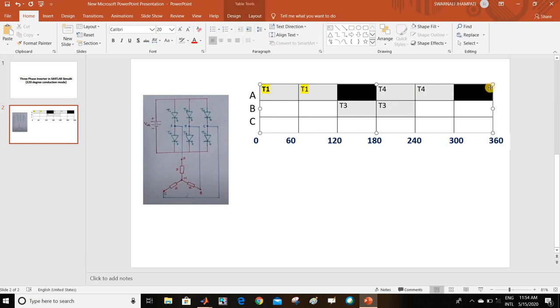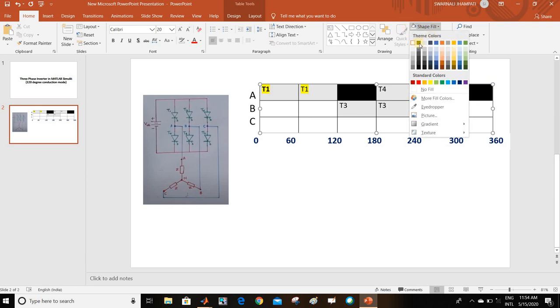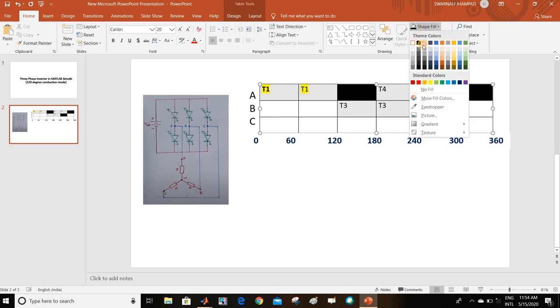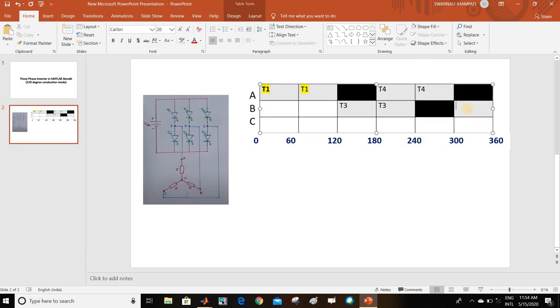Next, for the next 60 degrees there is no activity. Then for the next 120 degrees T6 will conduct, and again T6 will conduct here. 60 degrees plus 60 degrees is 120 degrees. Then again for this 60 degree span there will be no activity.